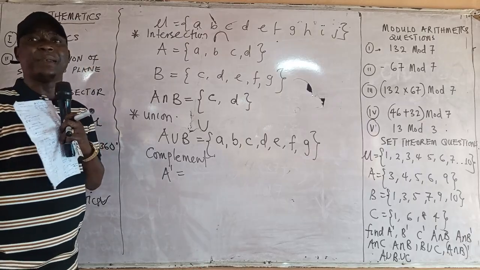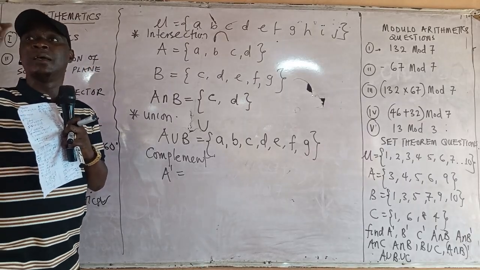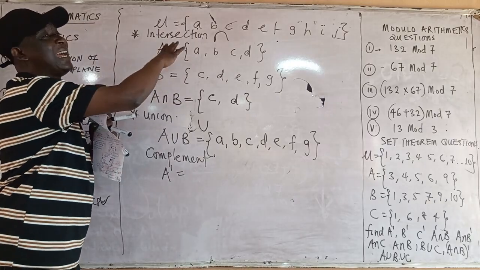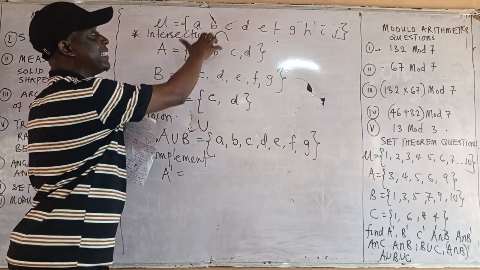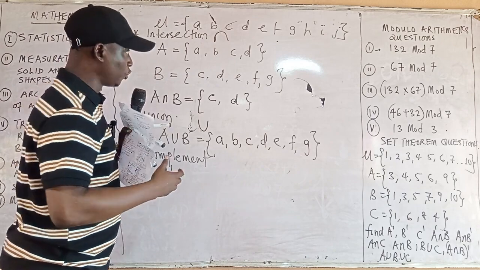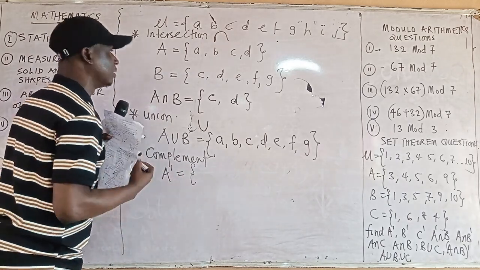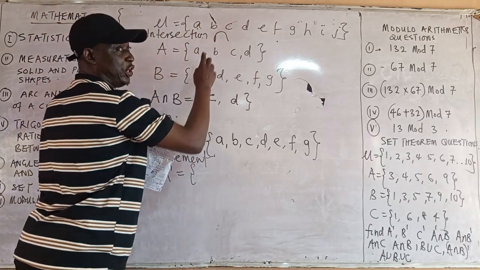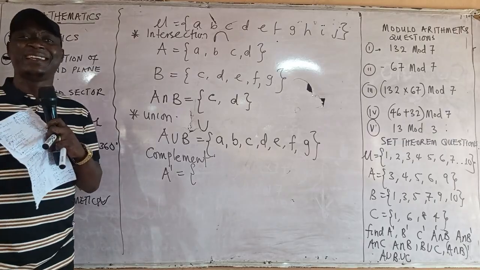If you want to find a complement, it means I have to look at the set A, and anything that is in the universal set but not in A is its complement. You understand now?